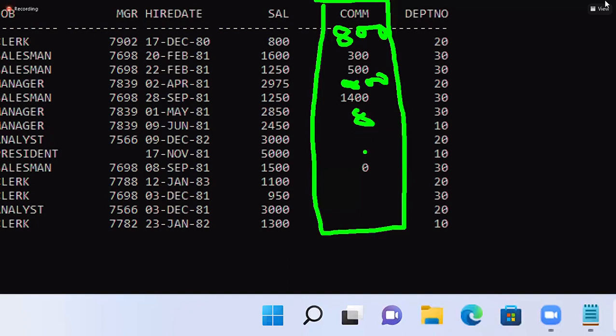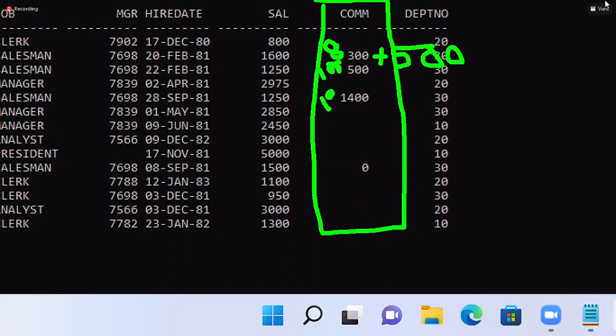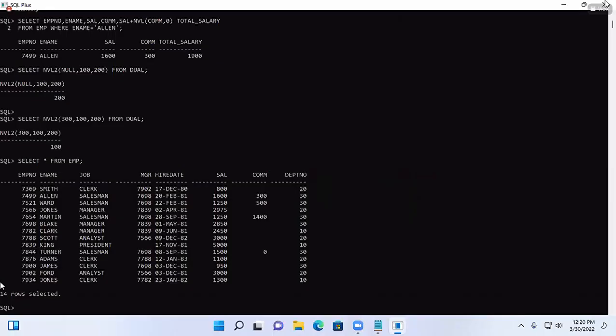This is one case. But whose commission is not null, how much do I need to add for those people? 500. So if the commission is already 300, then commission 300 plus 500, so the total is 800 here, 1000 here, 19 here, 500 here. Understood now? That is what we want to do.